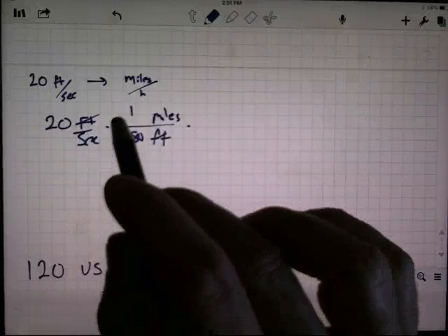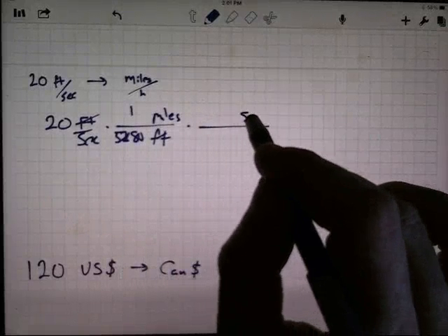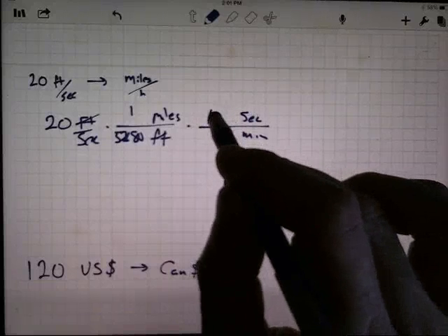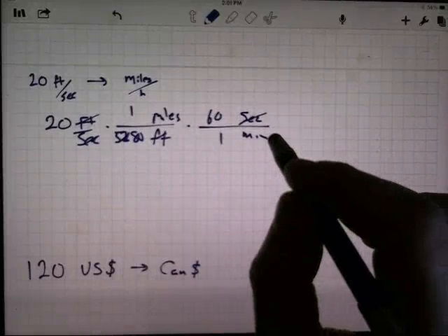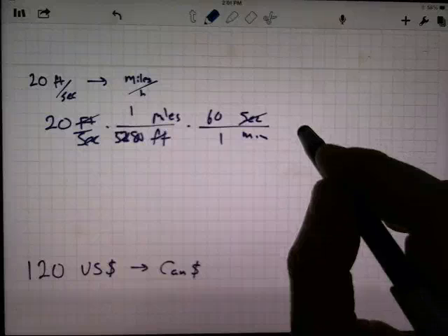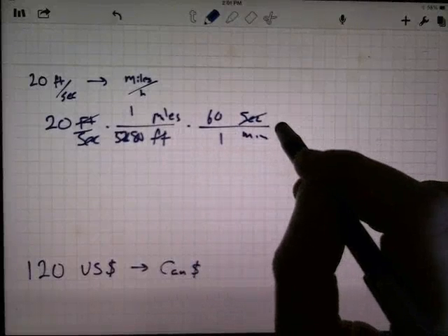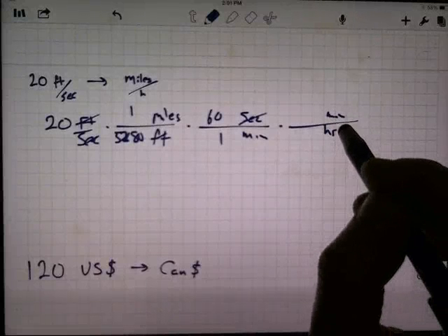So now I've got to turn the seconds into hours. Well, the one that I know quickly is I can do seconds into minutes. I know that 1 minute is the same as 60 seconds. So there's my seconds canceling out. And then I can convert minutes into hours. I need the minutes on the top and the hours on the bottom.